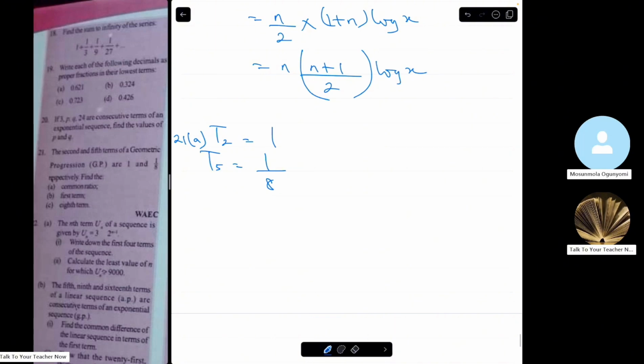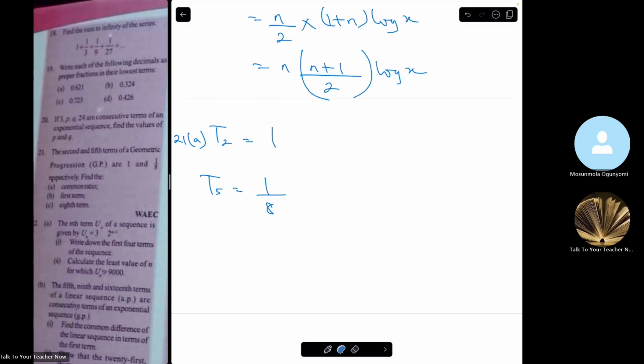What's the formula for T2? The terms are terms of a geometric progression, so T2 is AR. T2 equals 1, that simply means AR equals 1.